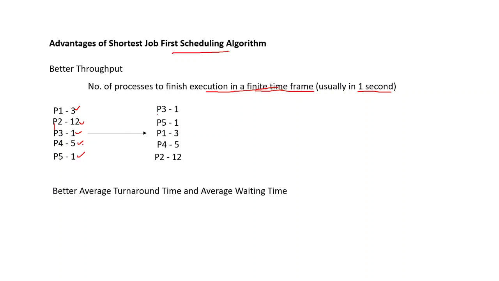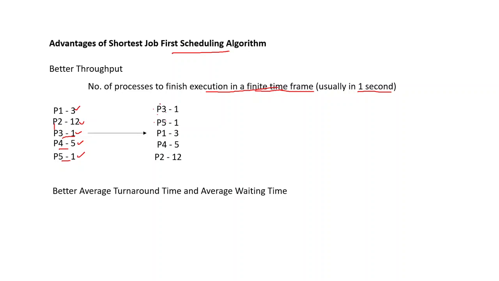Since P5 and P3 both have burst time equal to 1, if I had placed P5 before P3, it wouldn't have been a problem. Since 3 comes before 5, I have just placed 3 before 5.